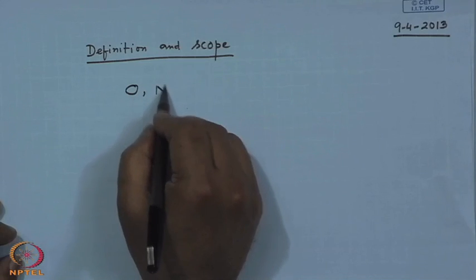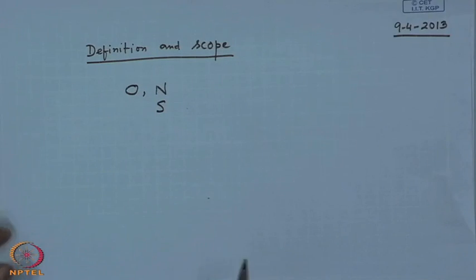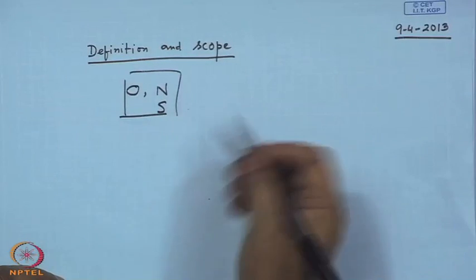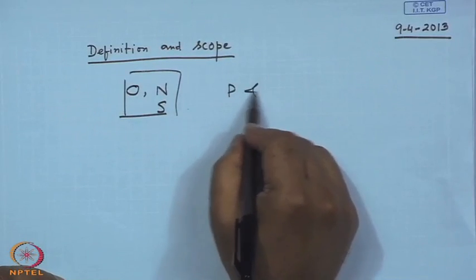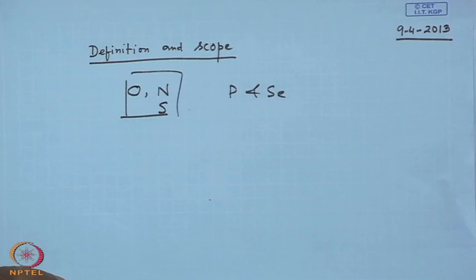But for practical purposes, all of us know what the heteroatoms are: oxygen, nitrogen and sulfur, and in the organic chemistry domain it is sometimes extended to phosphorus, sometimes to selenium. So, primarily these, and phosphorus and selenium may be included depending on the situation.